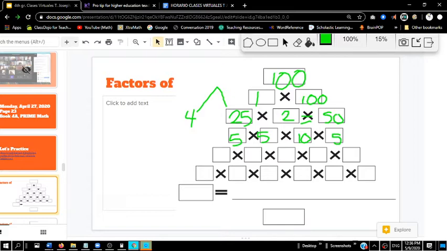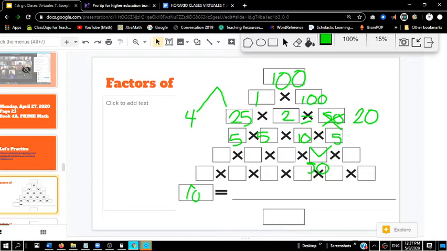Oh, we already have that one. And 2 times 50 is a factor of 100. So yeah, we actually have all of them. 5 times 10 is 50. This isn't perfect, but we do have all the factors.